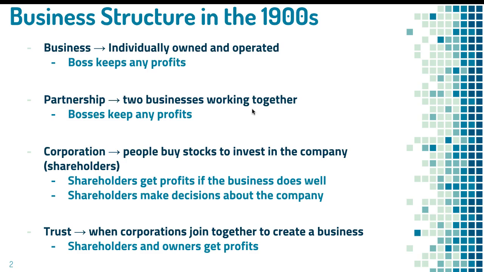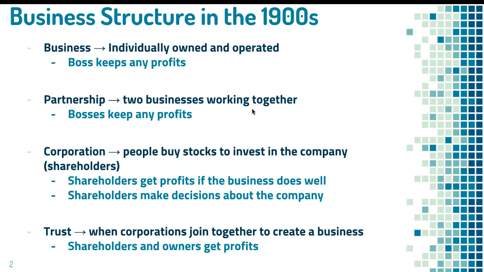Now, in a corporation, remember, Miss Howell and I now have our pencil selling, pencil eraser business. People buy stocks to invest in the company. Imagine you and all your friends gave Miss Howell and me money by buying stock. So you buy stock in our company and become shareholders.